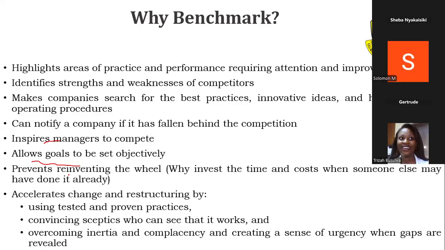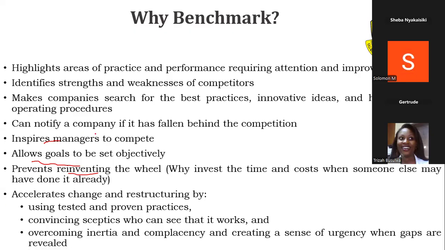Benchmarking, also a key point, is that it helps an organization not to reinvent the wheel. Rather than sit down and think about how you can improve something, somebody else is doing it and doing it very well. So this saves you time and money, maybe hiring consultants and so on and so forth, yet you can easily look at someone who is doing it very well within your industry.